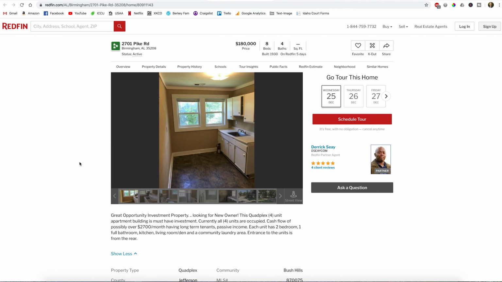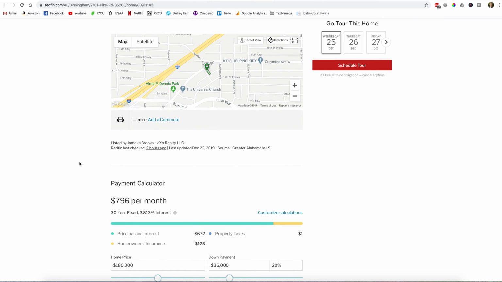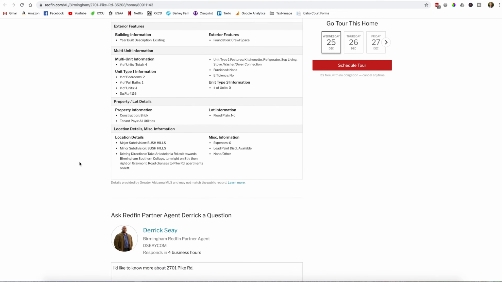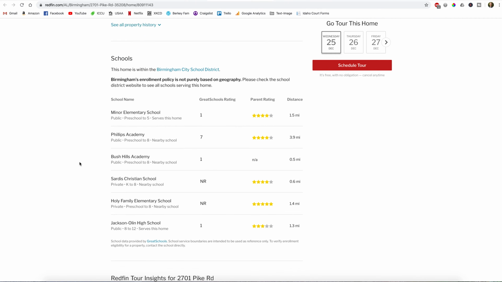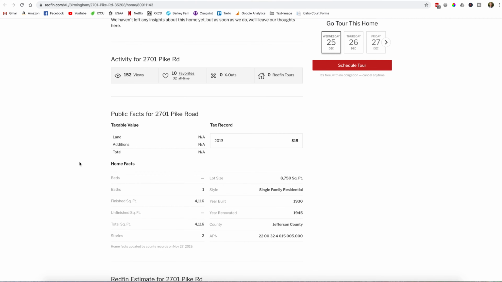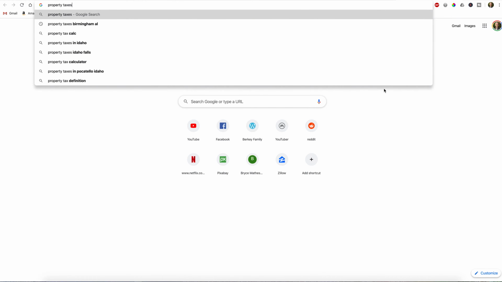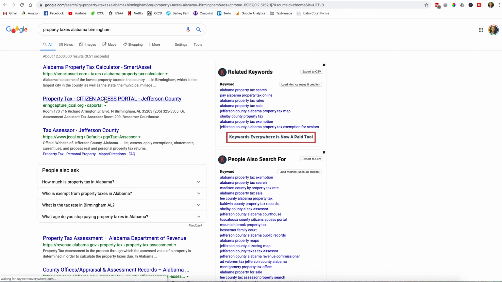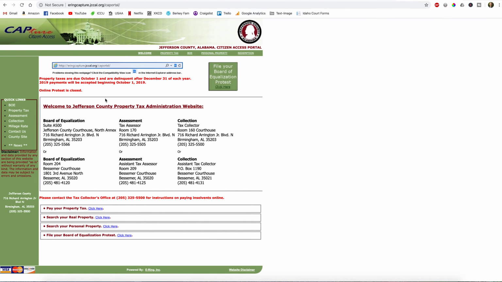Property taxes. I don't know what the property taxes are on this guy. Let's see, schools. Okay, tax record, 2013, says $15. I'm sure that's a lie. So let's see if we can find property taxes, Alabama, Birmingham, and let's see if we can find citizen. This looks promising.